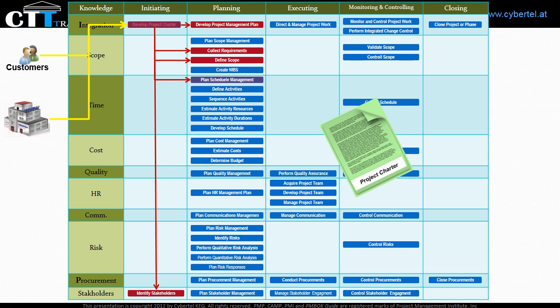And also it is an input to the plan schedule management because the project charter includes the initial start date and milestones. And also it is an input to the plan cost management because the project charter includes initial costs and initial budget.